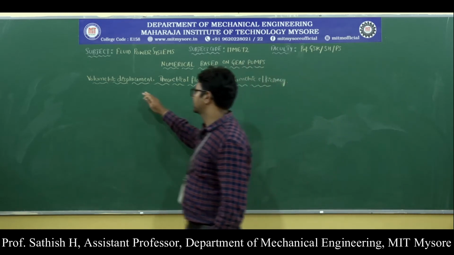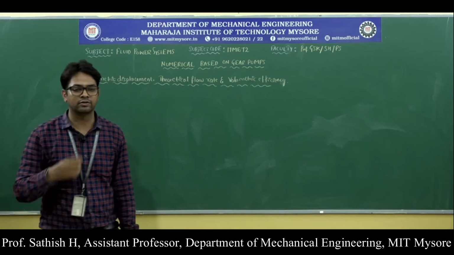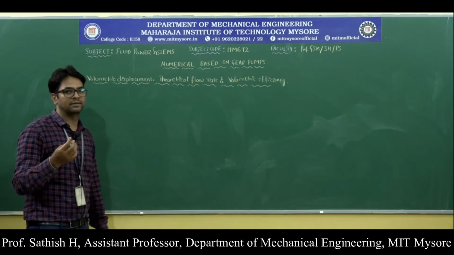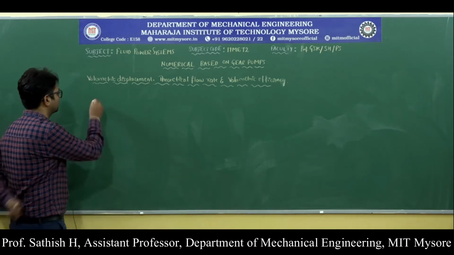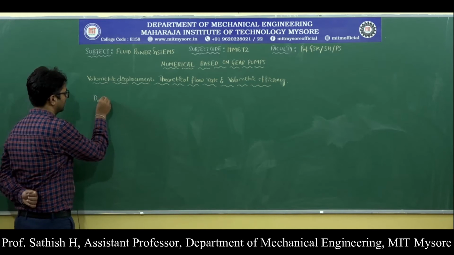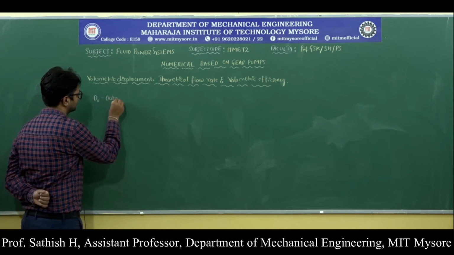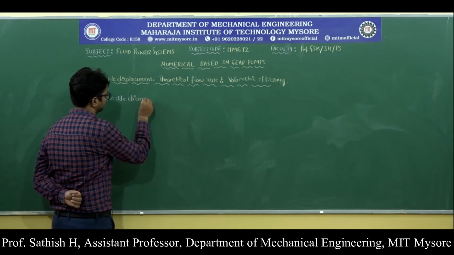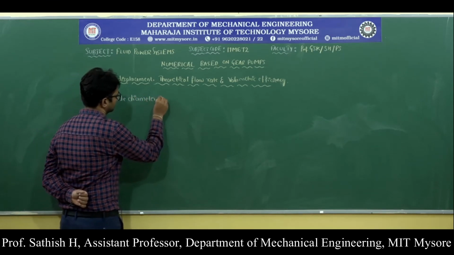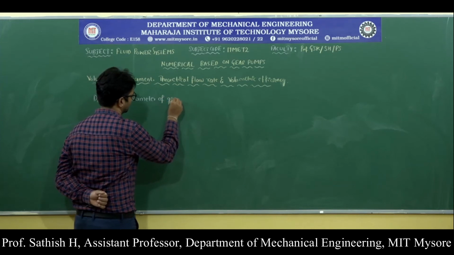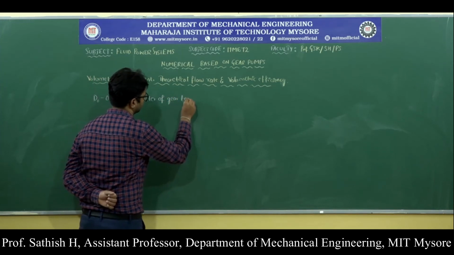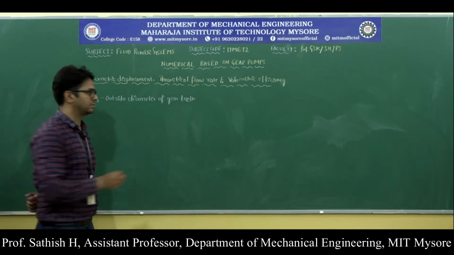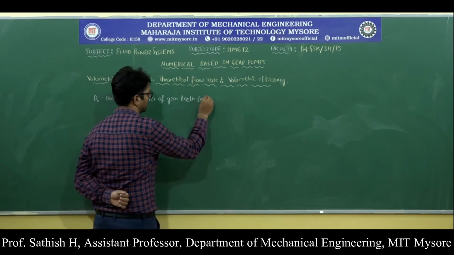In order to write the expression for volumetric displacement, we need certain parameters. The first one is d naught, that is the outside diameter of the gear teeth, which is normally expressed in terms of meters.